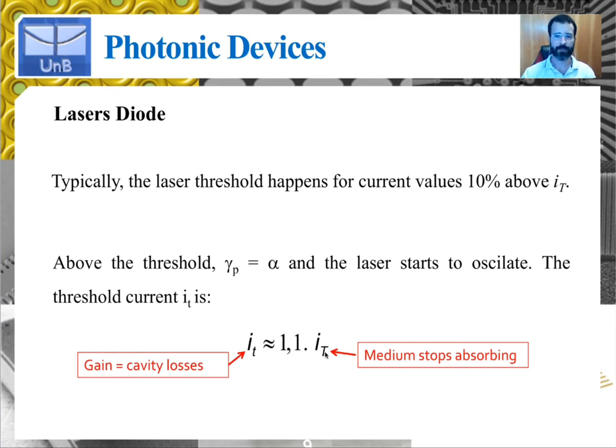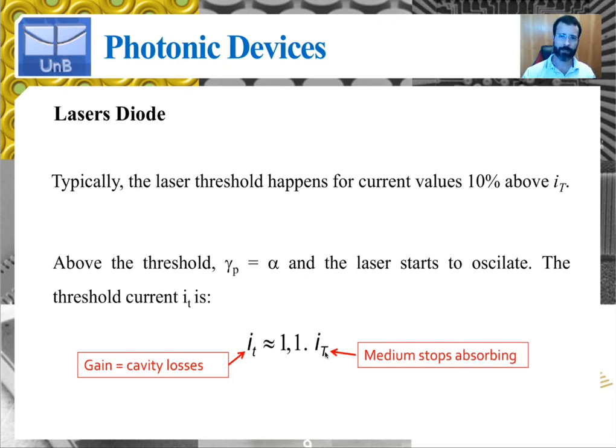It is basically transparent. So if you increase the current to a given level, you can think in terms of the rate of emission and rate of absorption. So basically the rates of emission and absorption will be equivalent, and it is as if the medium was transparent.